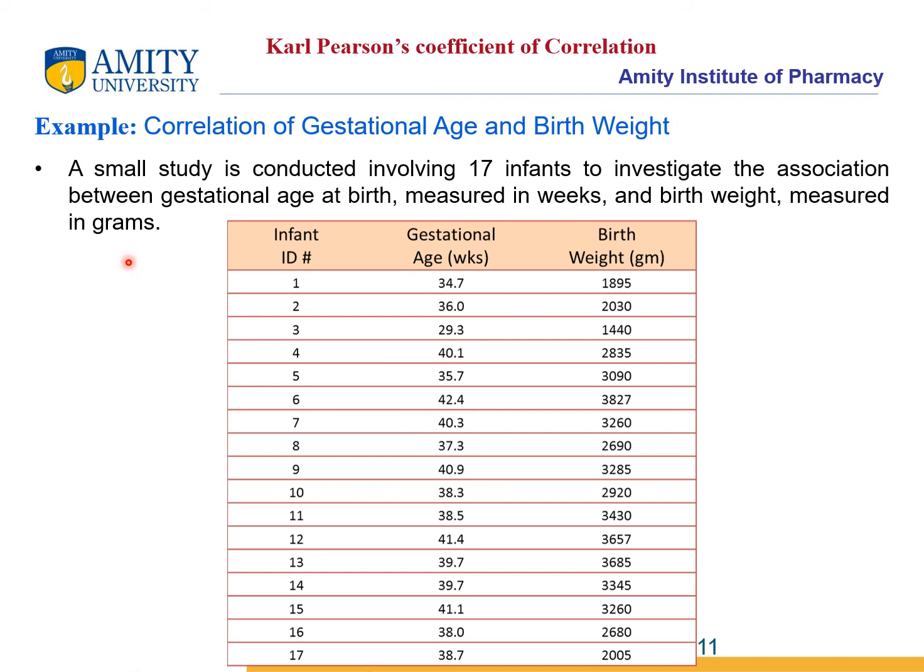The case study says a small study is conducted involving 17 infants to investigate the association between gestational age at birth, measured in weeks, and birth weight, measured in grams. So this is the study which has been conducted, and these are the values. Now we are going to find the correlation coefficient between these two attributes.